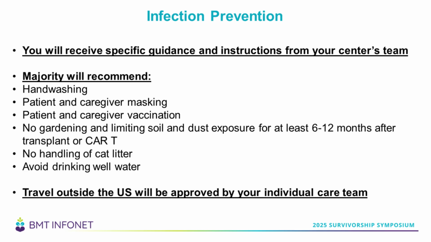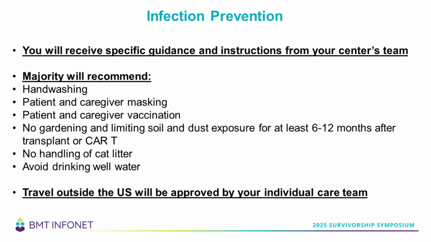And this is because there are many organisms that you can be exposed to after CAR T or transplant, which can cause an infection in your body because your immune system is not normal. As I mentioned with the prior infection, toxoplasma, no handling of cat litter, and avoiding drinking well water.